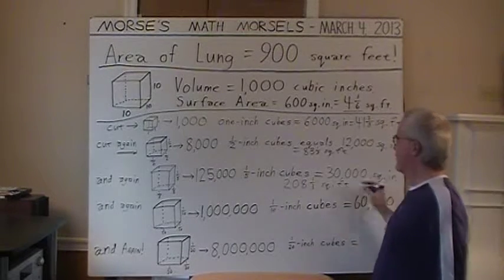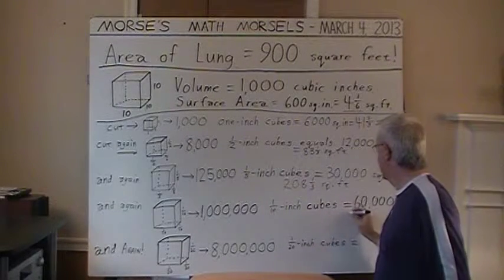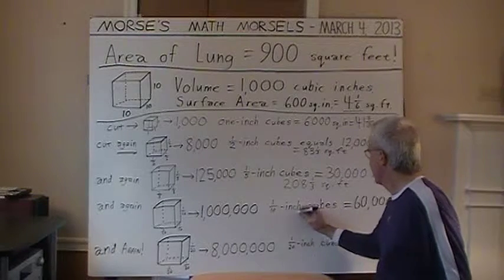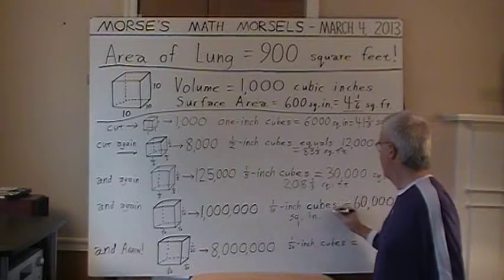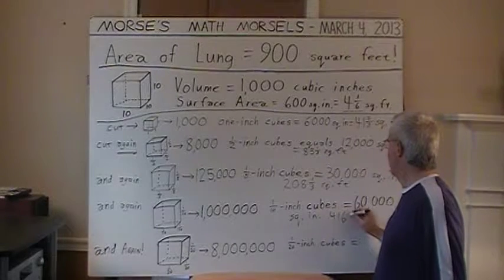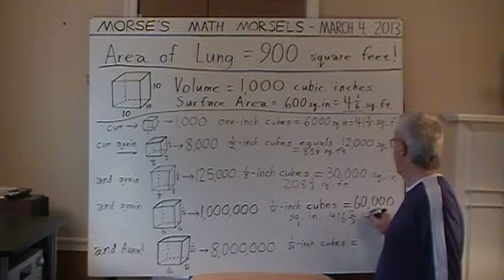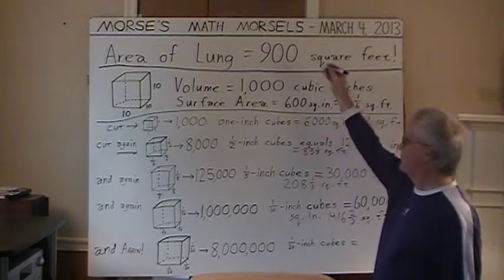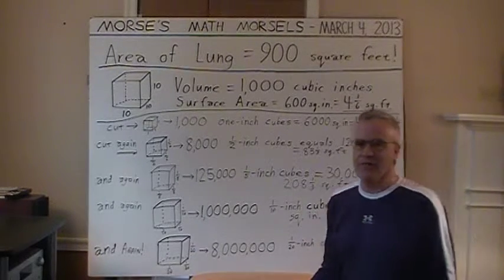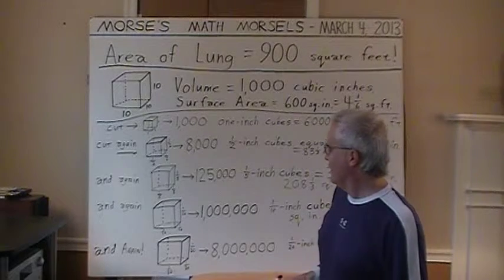Twice as much as these 1/5 inch cubes shown above. 60,000 square inches, and that's 416 2/3 square feet. Well, that's a large sized room, and we're getting into the neighborhood of the 900 square feet already.